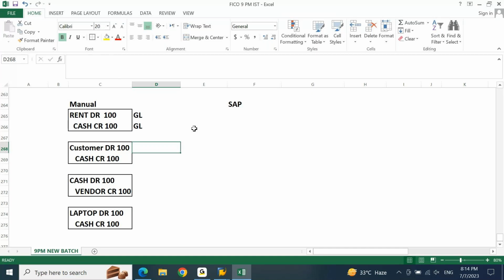If it is customer, I am going to write it as customer. If it is cash, I am going to write it as GL. Are these two clear? In the next entry, I am going to write cash account. Cash is GL account. I understood now.